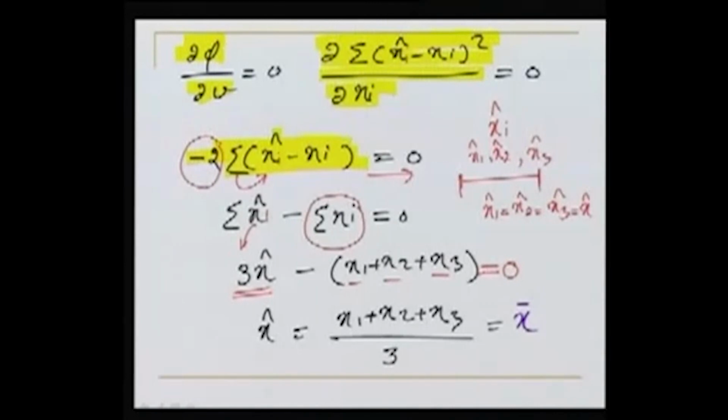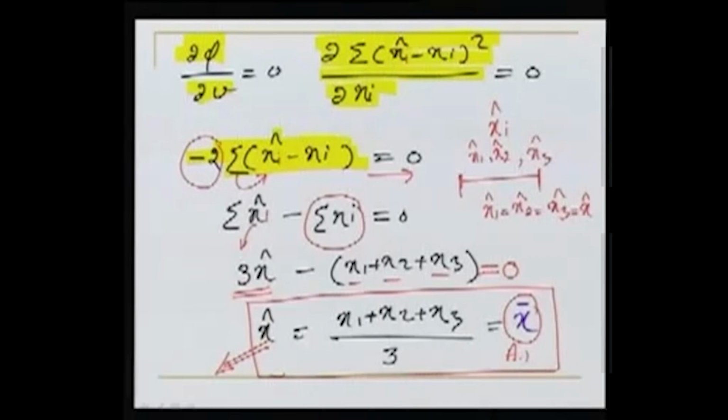Well, from here we can write that x hat, which is the estimate of this line from least square, is x1 plus x2 plus x3 divided by 3, and the same is also the arithmetic mean. So what we have proved here: we started with the concept of the least square, and starting with that concept, we found the residuals.